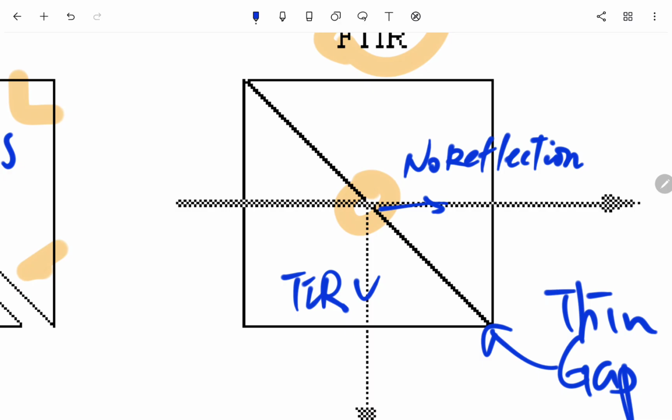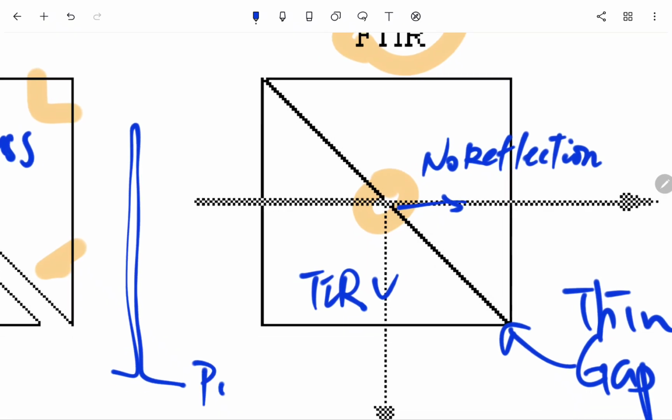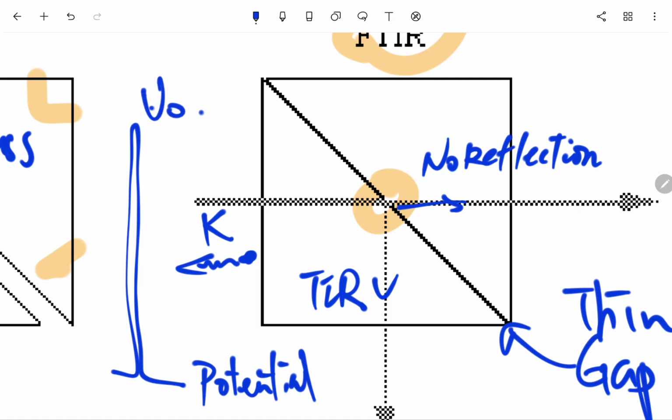But for a particle, if there's a potential wall, suppose this is the potential, and a particle is here with kinetic energy smaller than this potential energy U0, then in classical mechanics this particle or ball may not be able to go through this potential wall.